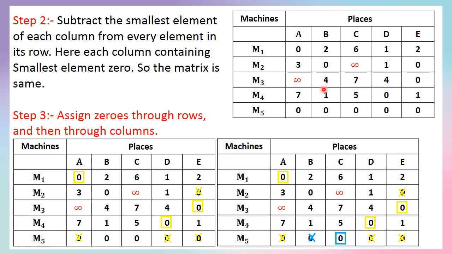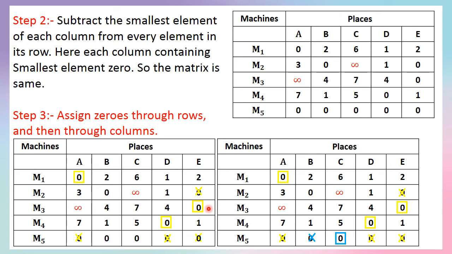Now we assign through zeros along rows and columns. First we assign through rows. In the first row there is exactly a single 0, so we can make the assignment and then we cross out the 0 in that respective column. The second row has more than one 0 in this case, so we cannot make the assignment.